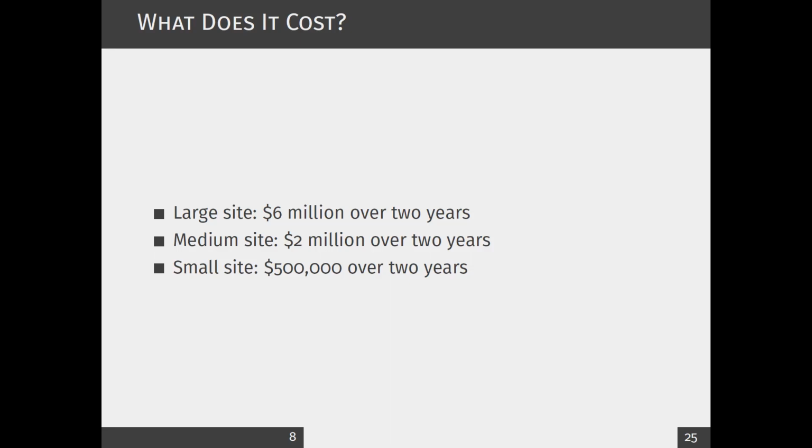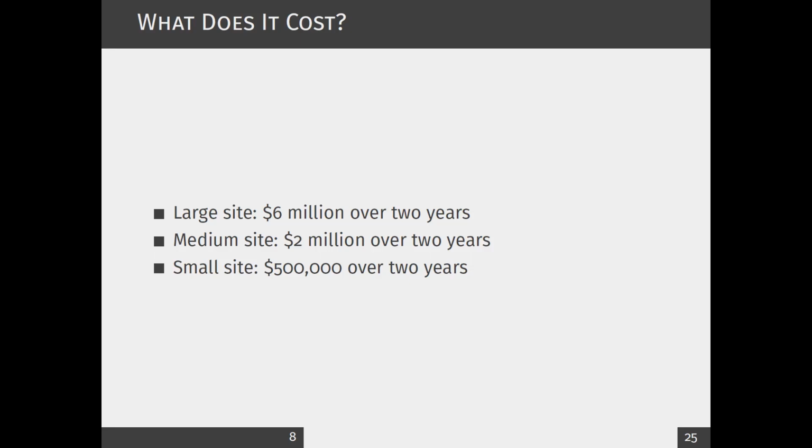So remember, the cost comes with a time frame as well. If it is a medium-sized company, they were saying about 2 million again over 2 years. Small size, about $500,000 over 2 years. You see, it's changing, right?